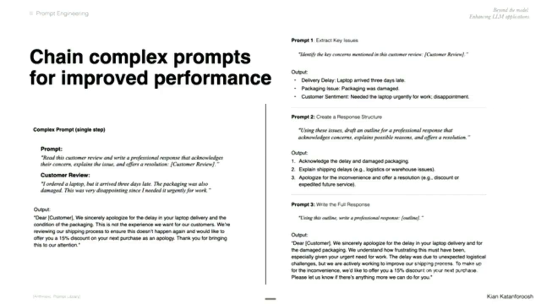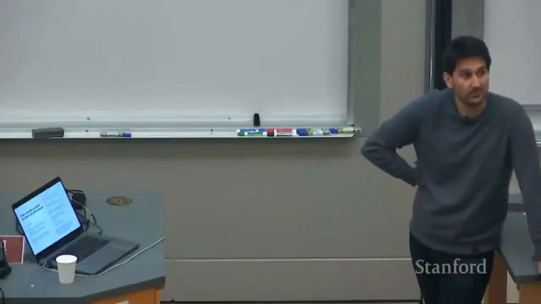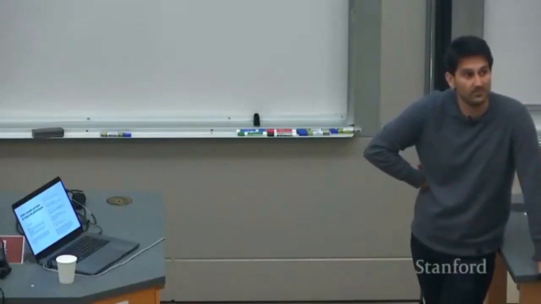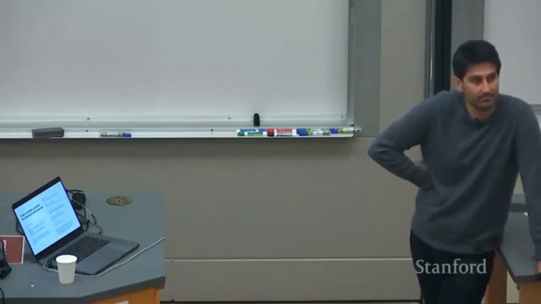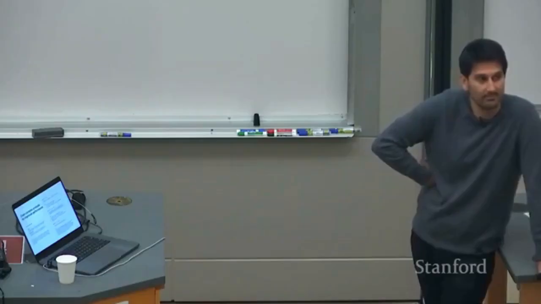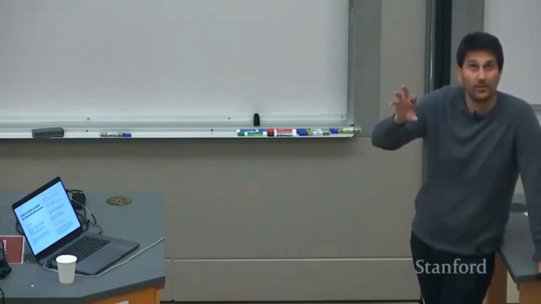Yes? So if we know that the three prompts independently work very well, if we combine them into one prompt and we highlight that step-by-step thinking process, on average do we get the same quality output, or do we still have to do that breakdown? So let me try to rephrase.